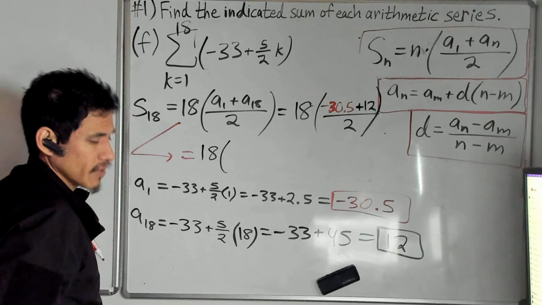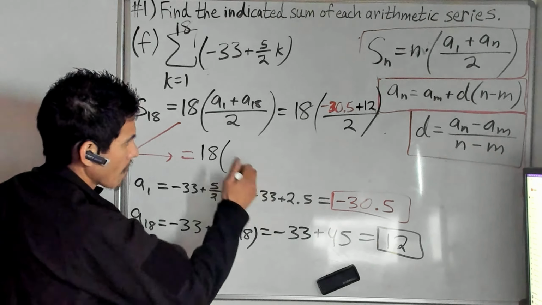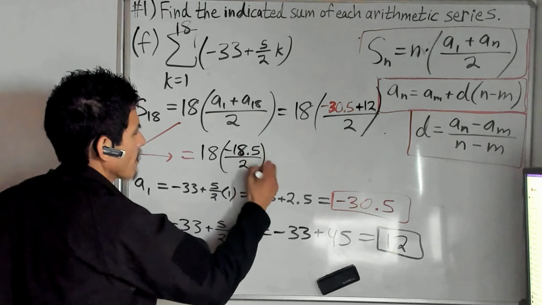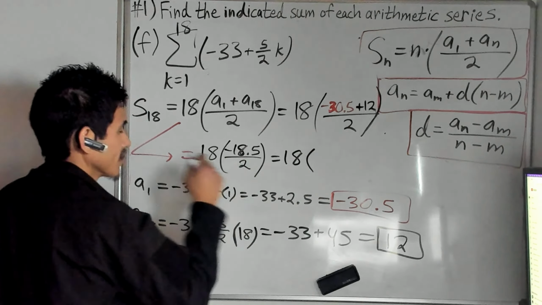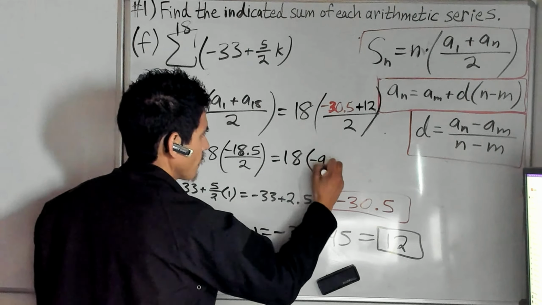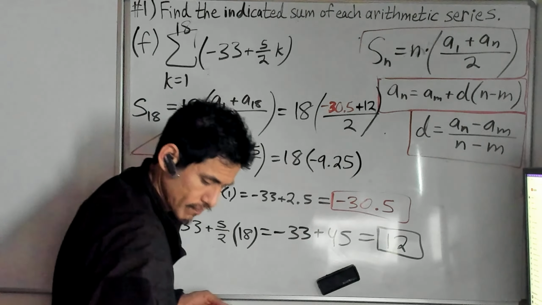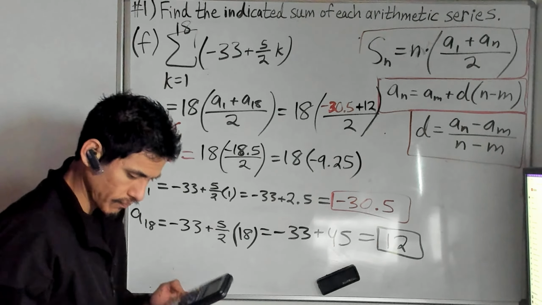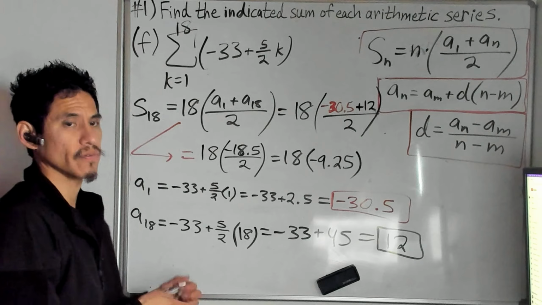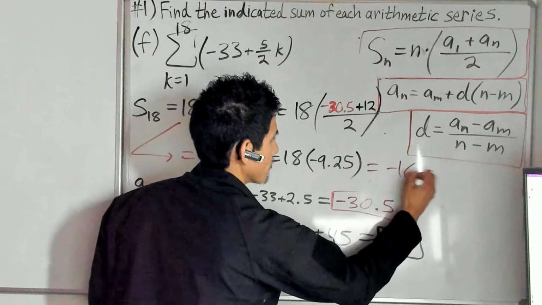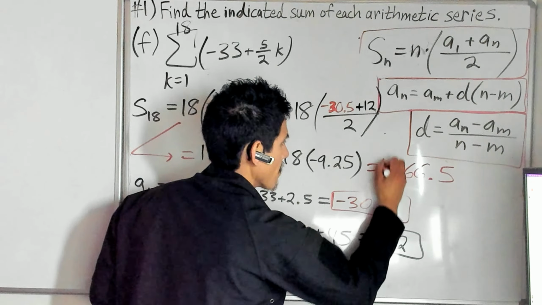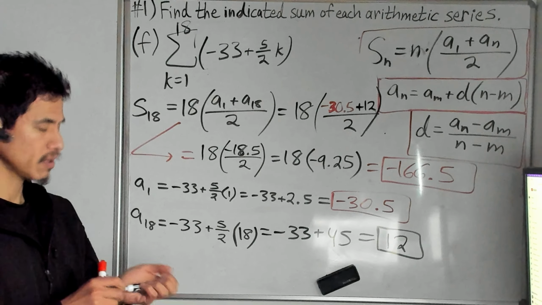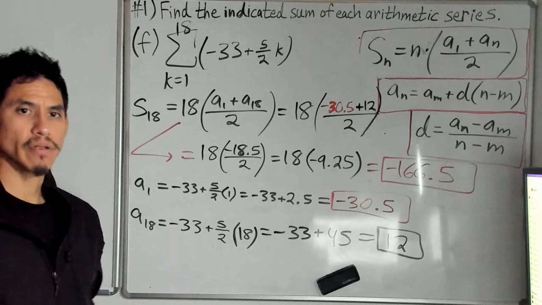Negative 18.5, right? 18 times negative 9.25. And here we go. Negative 166.5. All right, there you go. Yeah, that wasn't so bad.